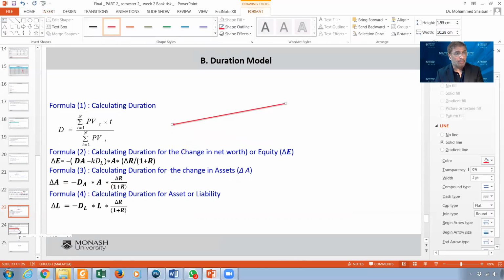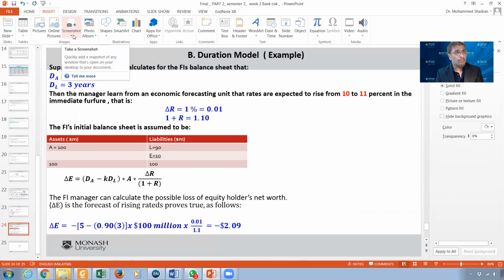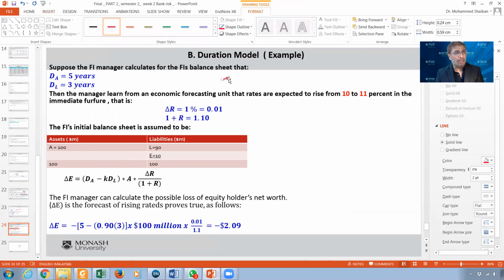But if you look at this example, if we have a duration of asset of 5 years, calculated through this table and this formula I showed you before, and duration of liabilities of 3 years.